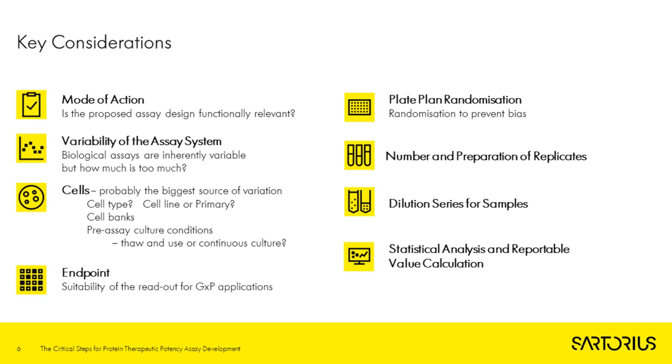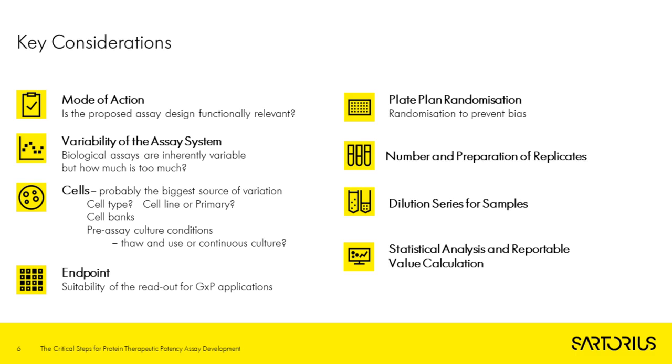Bioassays, like we said, are inherently variable, but we need our assay to be robust and reproducible for what we're going to use it for. So an assay with a large number of steps or multiple primary cell types or complex biological reagents might be very physiological, but ultimately it's unlikely to be a good candidate for a GXP routine potency assay measurement.